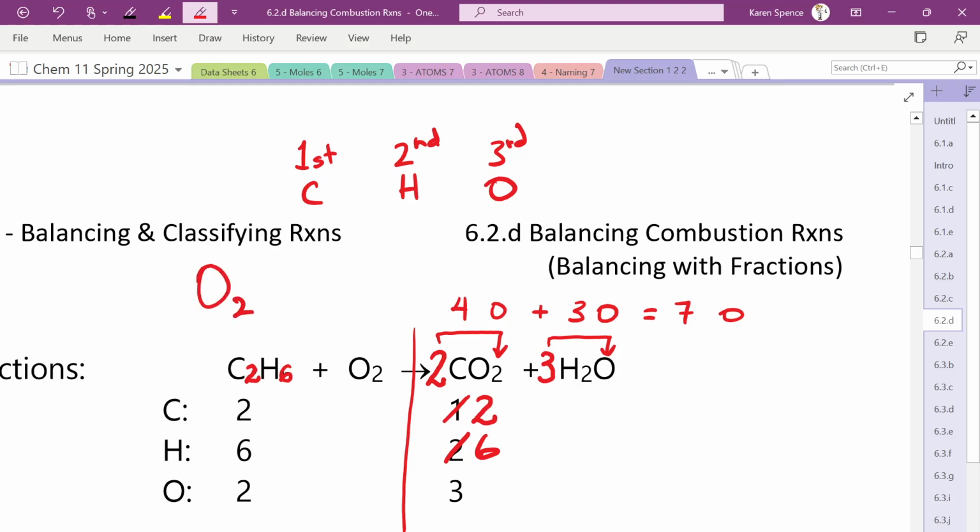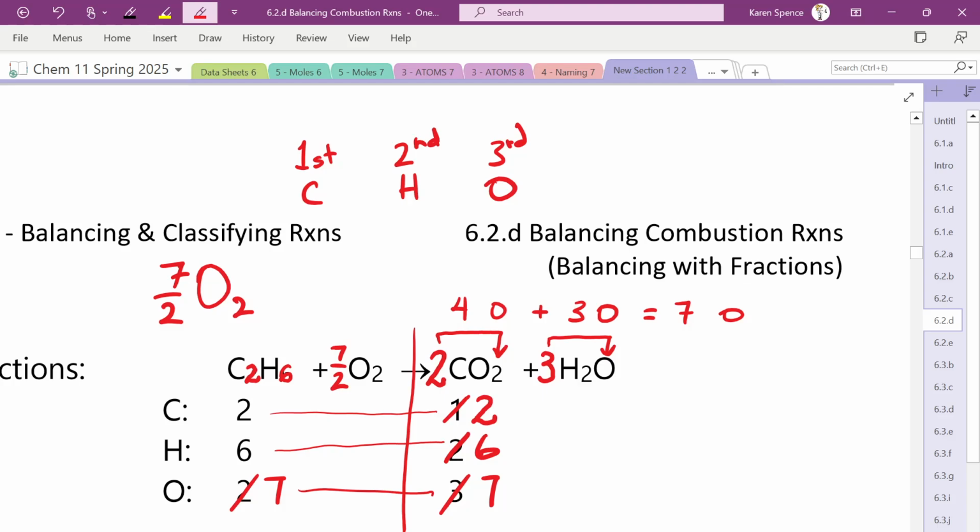How can I get 7 oxygens out of an O2? I can use 7 halves. And that gives me 7 oxygens to pair with the 7 oxygens on the right. So now we have 2, 2, 6, 6, 7, 7.